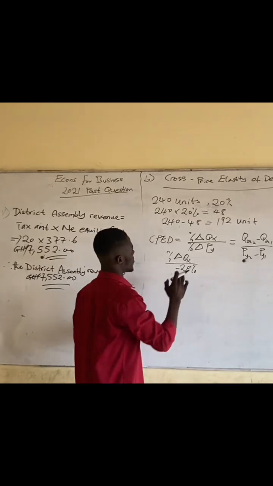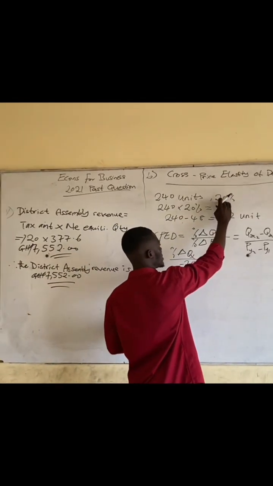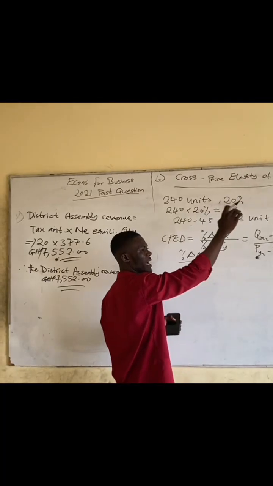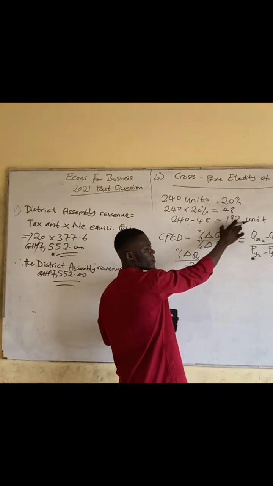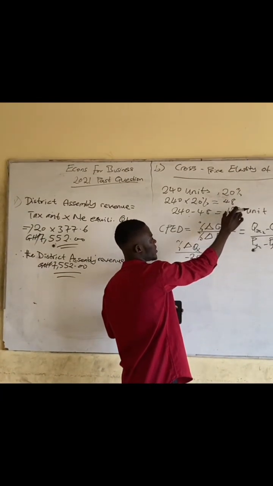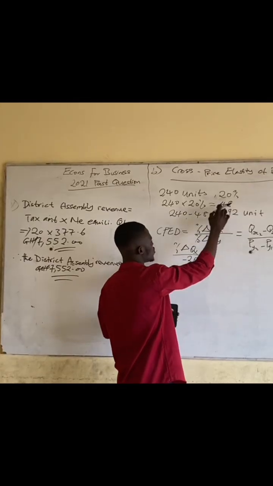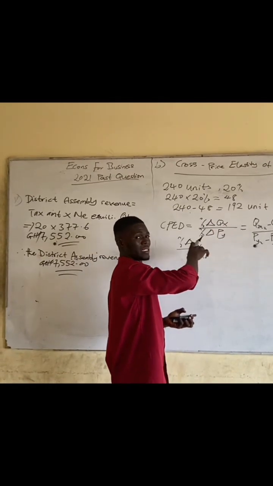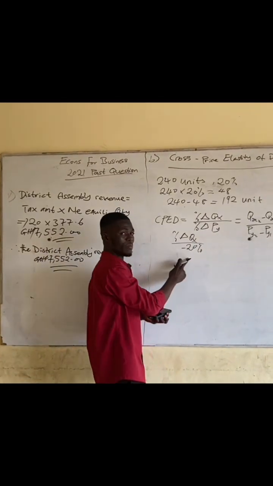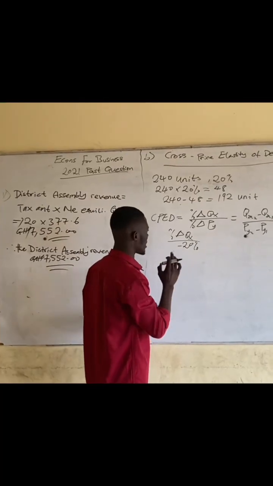Now it has fallen by 20, so 100% minus 20, you get 80. So 80% of the units is this one. Okay, so to get the percentage change, you just deduct 100 by the 80, then you get your minus 20%. Okay, so don't get confused.